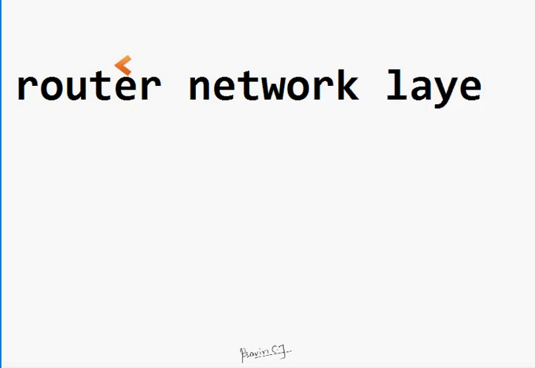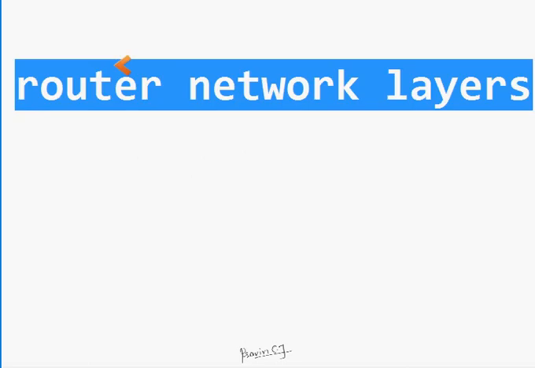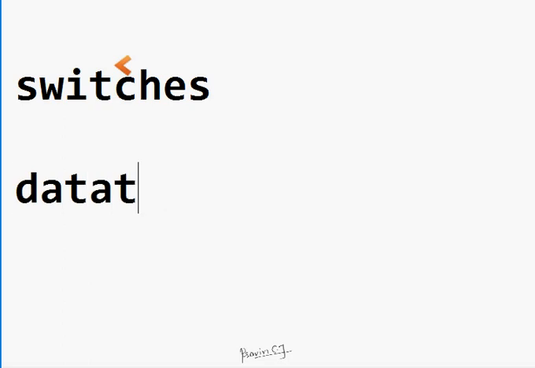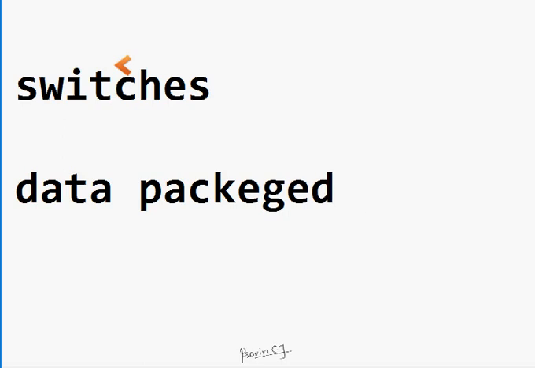Okay, you must know about switches, most importantly, because questions are asked regarding switches. Your switches package the data into frames. Okay, not convert, they are packaged into frames, and those frames will be sent to the low level.